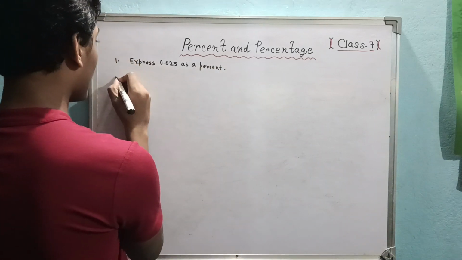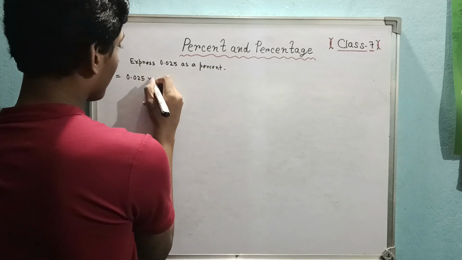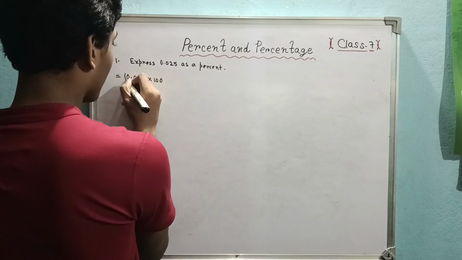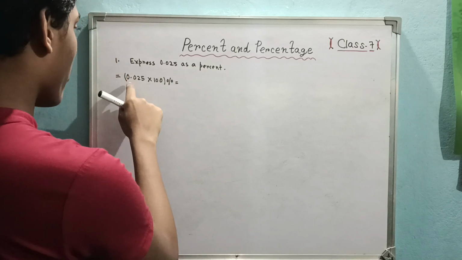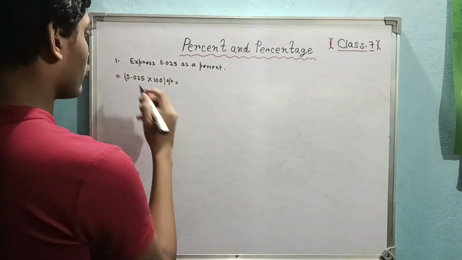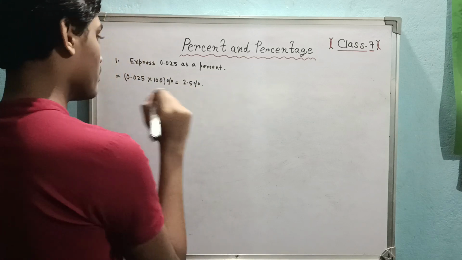So this will be equal to 0.025 into 100%. The point gets shifted two places, so it will be 2.5%. That's the answer of the first question.